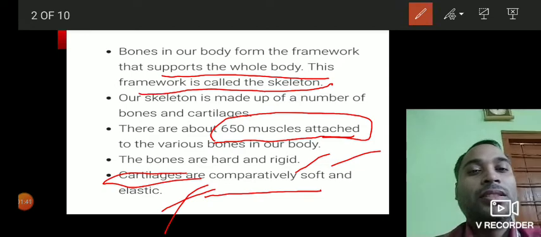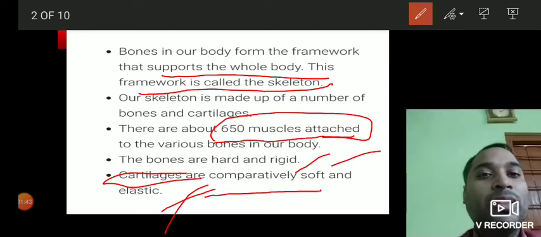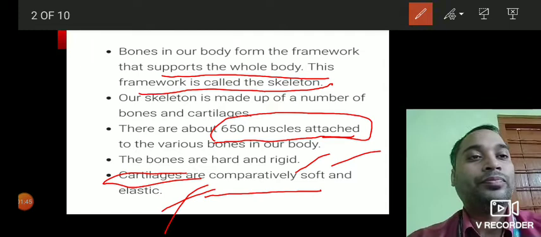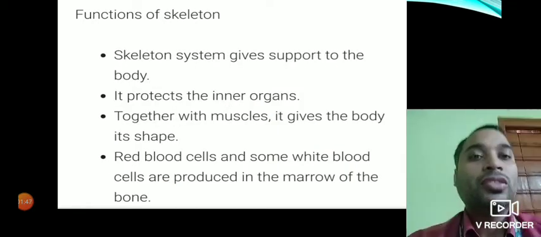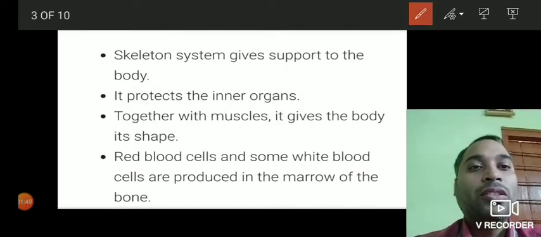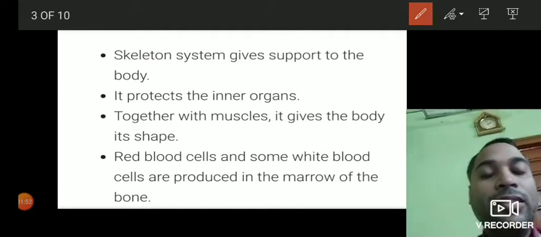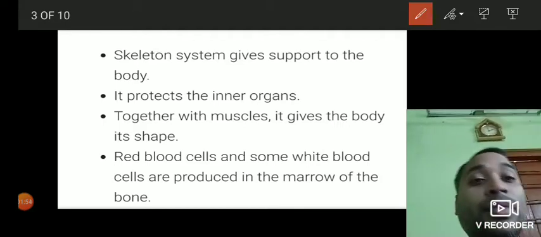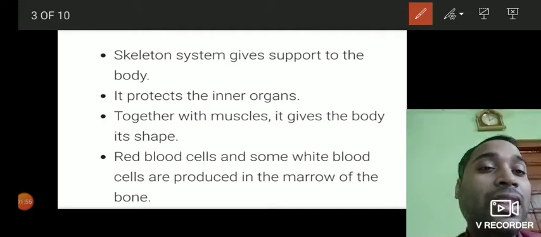Now let us see some of the important functions. Functions of skeleton. We all know it protects our organs like brain, heart and lungs.